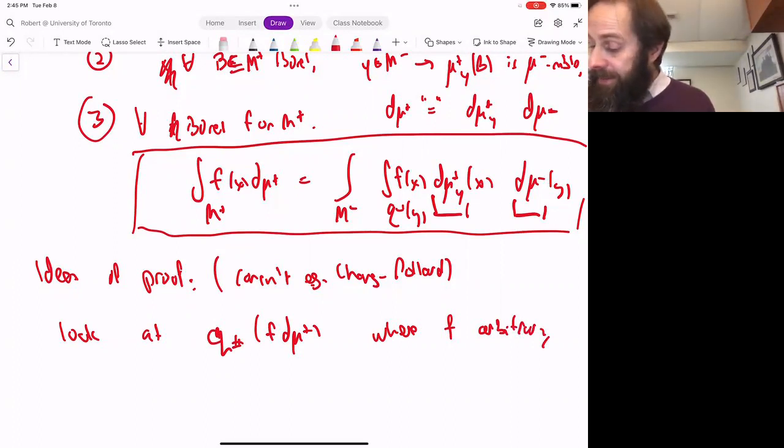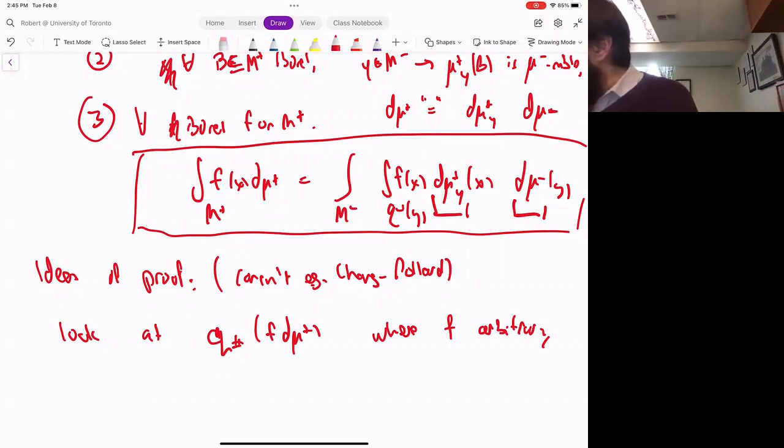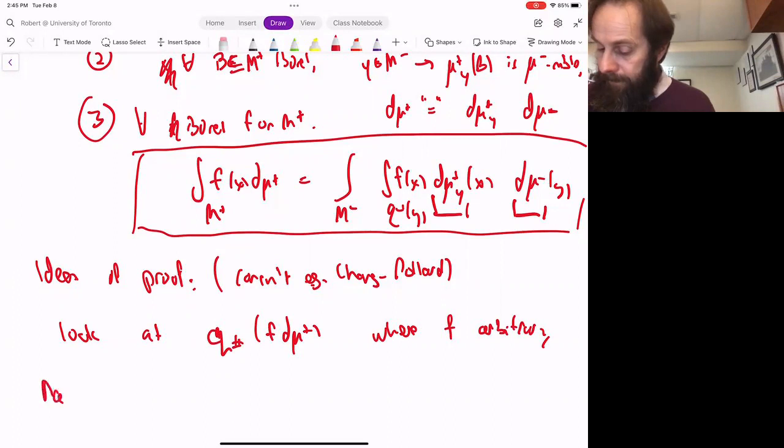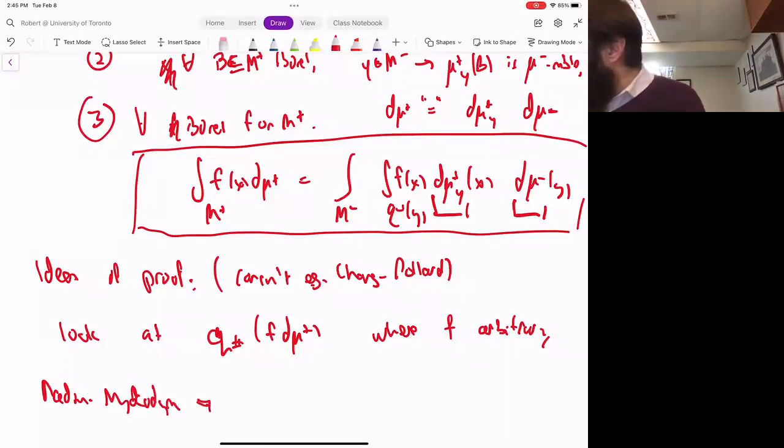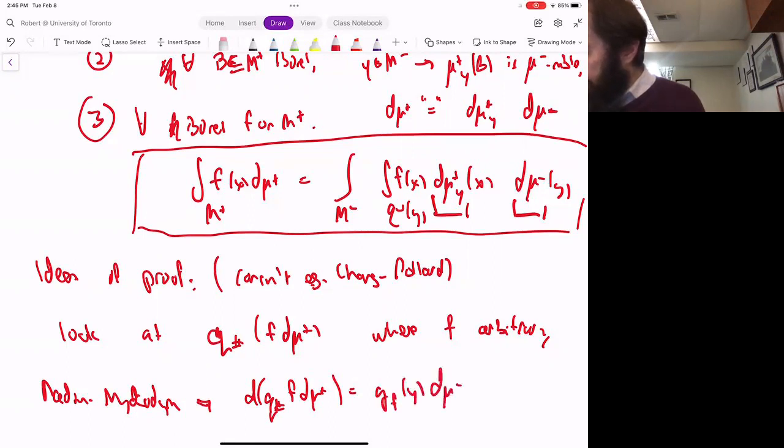And so I can look at its Radon-Nikodym derivative with respect to mu minus. This measure, Q push forward f d mu plus, can be expressed as some G depending on f, d mu minus Y.